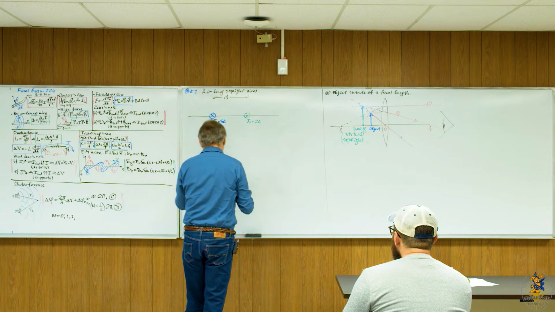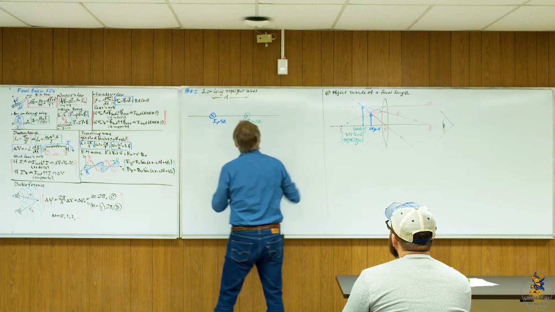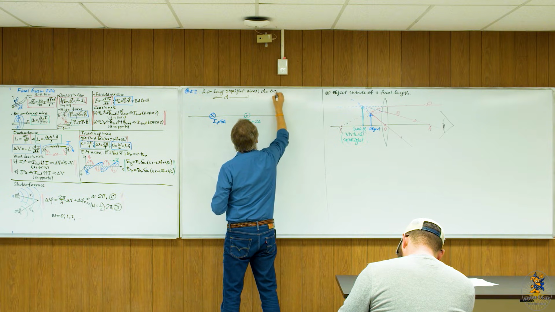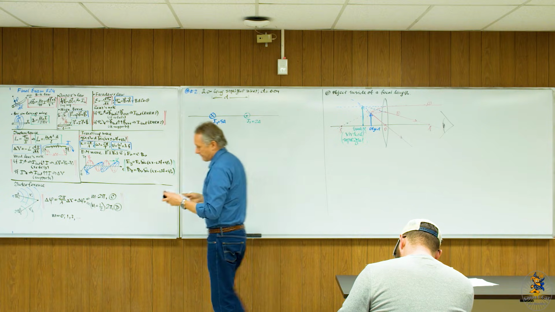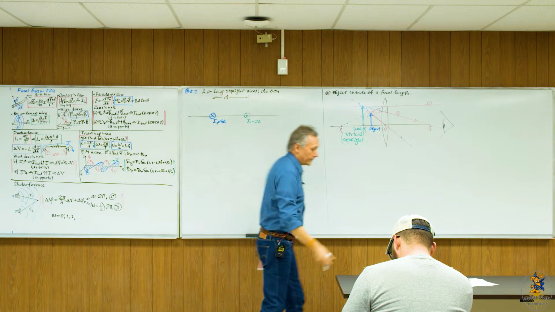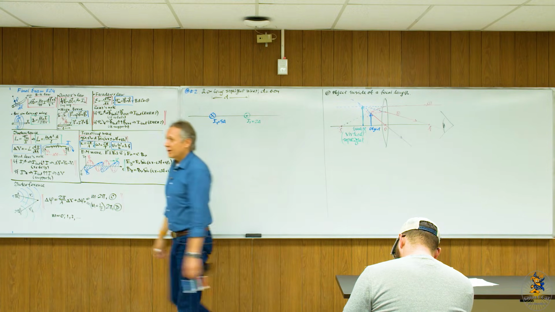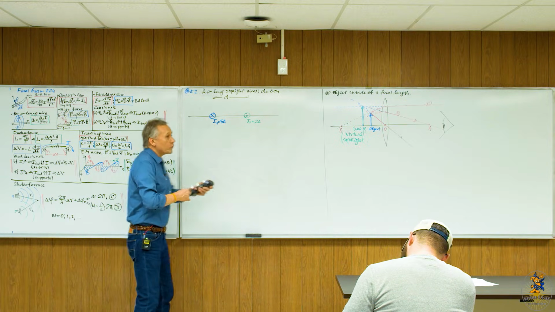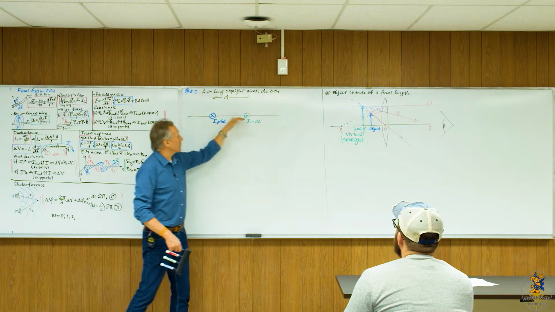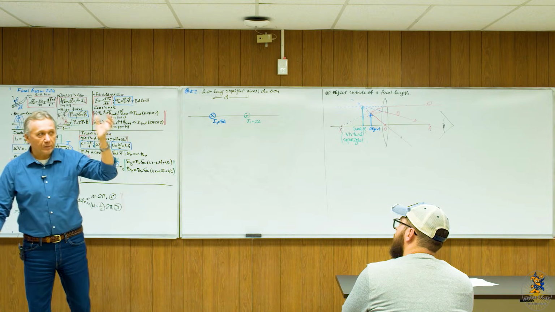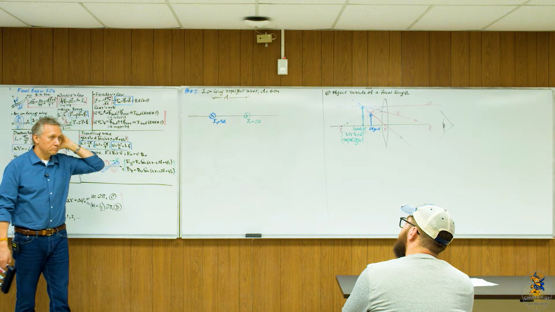I think no numbers are given. Okay. So distance between them is 6 centimeters. Yeah, currents are given, distance is given. Okay. So we need to find a point along this line at which the net magnetic field will be 0.